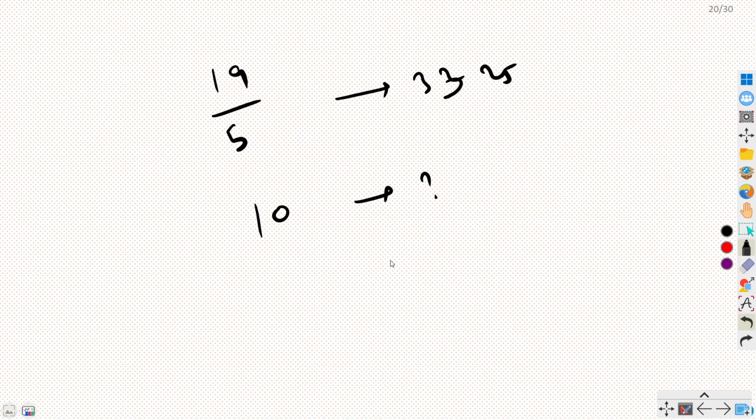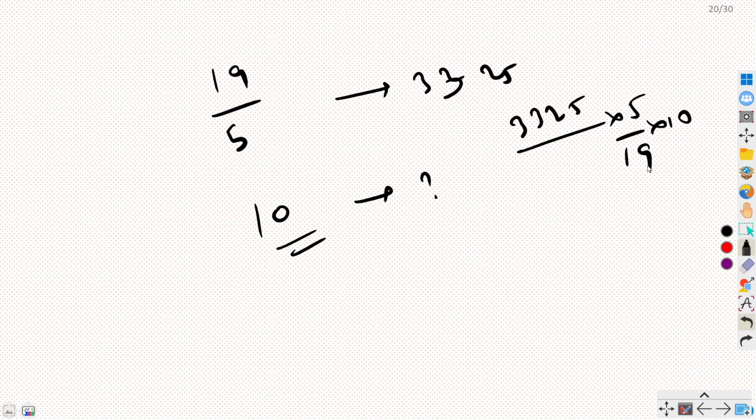So 19 by 5 unit value is 3325. The question reduces to this one. And what is the value of 10 unit? This is the simple question. So divide by this 3325. Why 19 by 5? So we can say 5 by 19, right? And for 10 units, so we can multiply by 10.